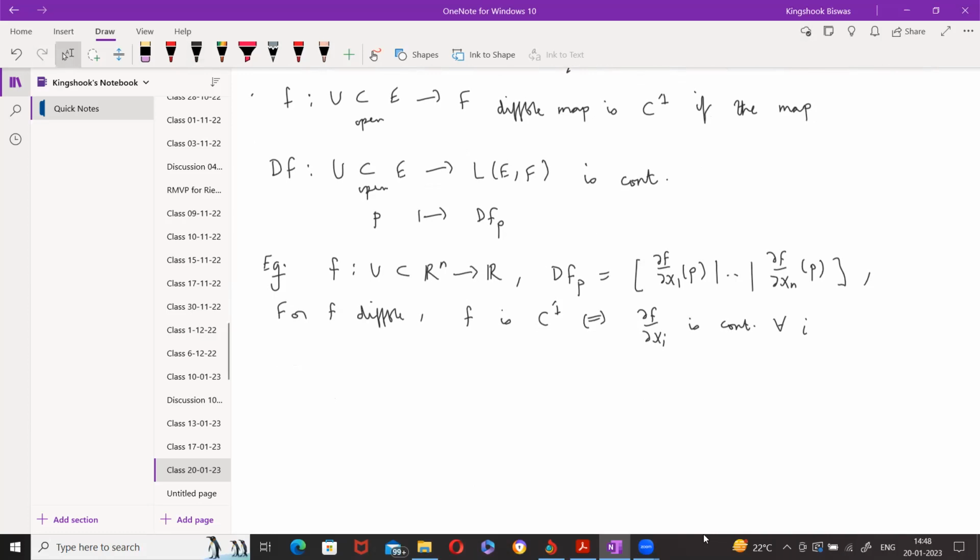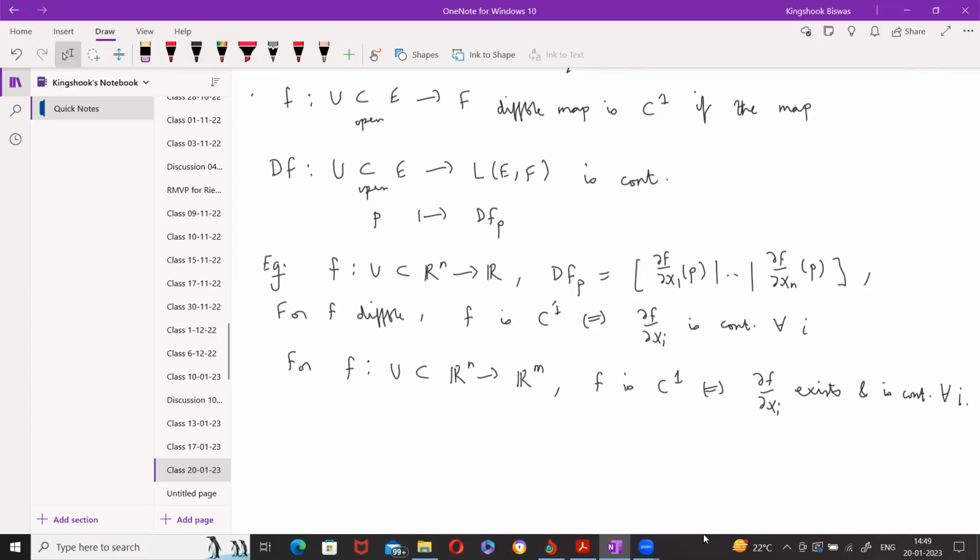So for a map F from an open subset of Rn to Rm, F is C1, so that means it's differentiable and the map P goes to dF at P is continuous, if and only if del F del xi exists and is continuous for all i.